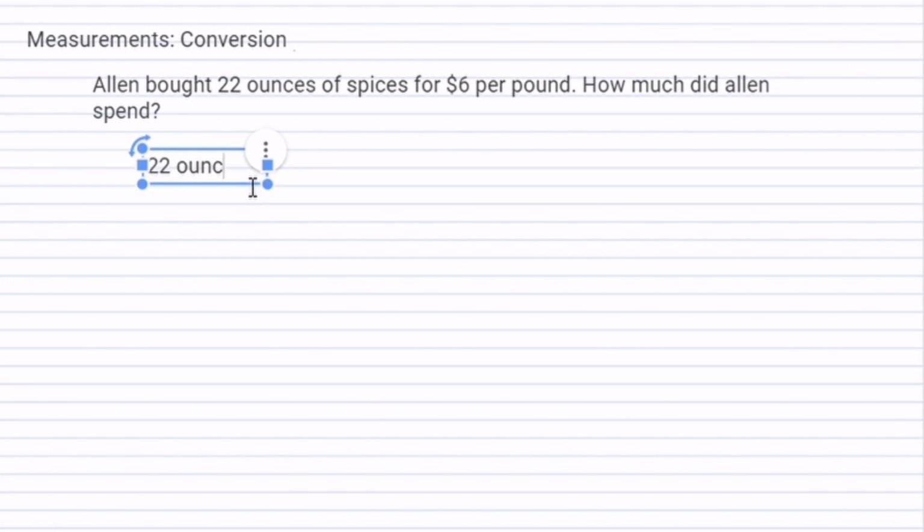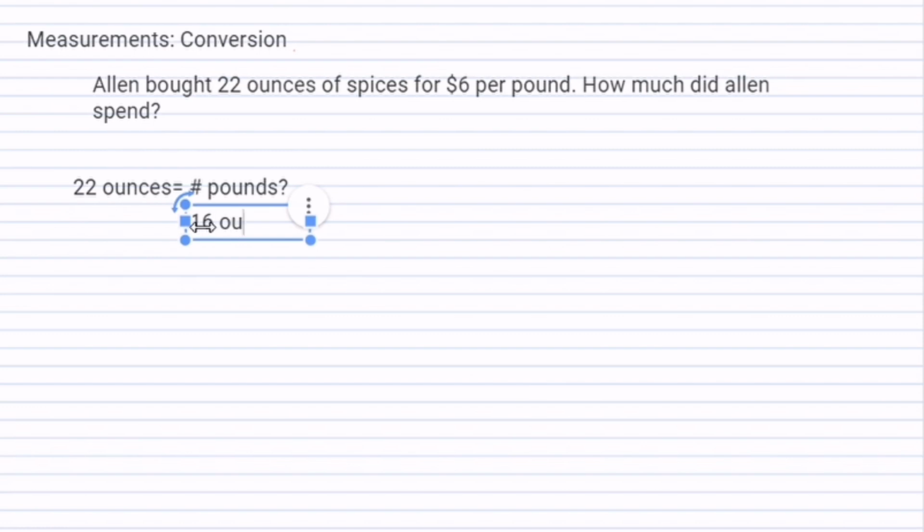First of all, 16 ounces is equal to 1 pound. So we're going to use 16 ounces to convert it into pounds.